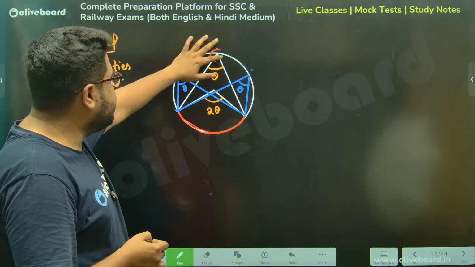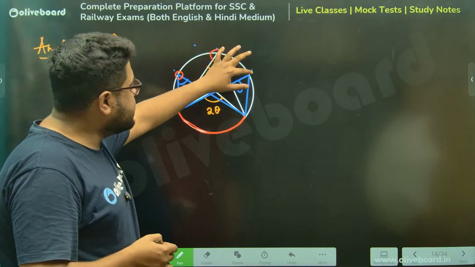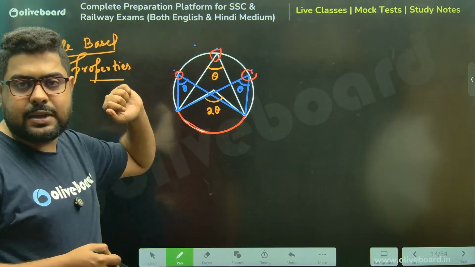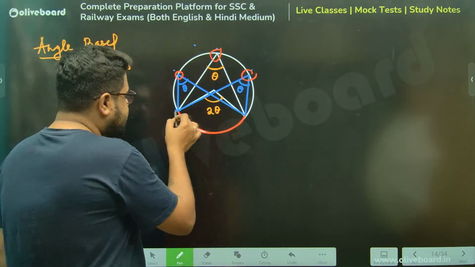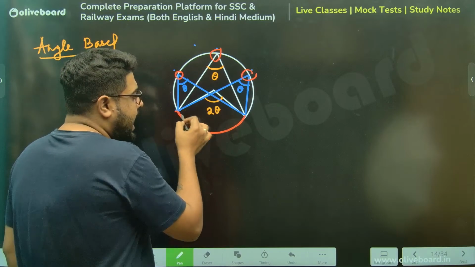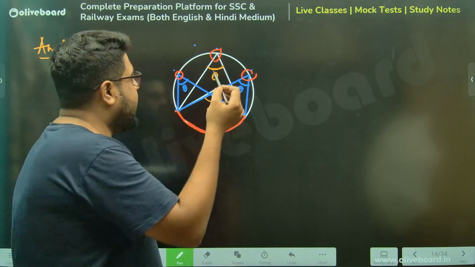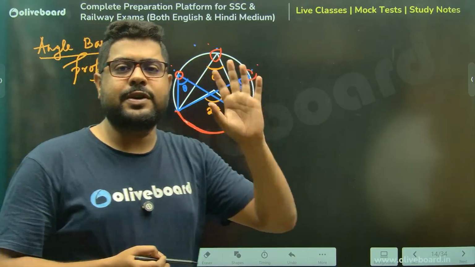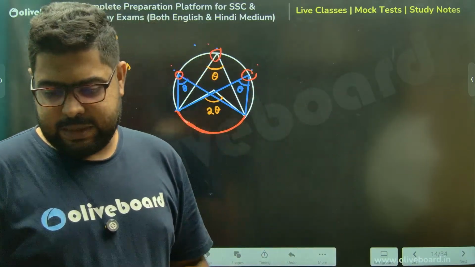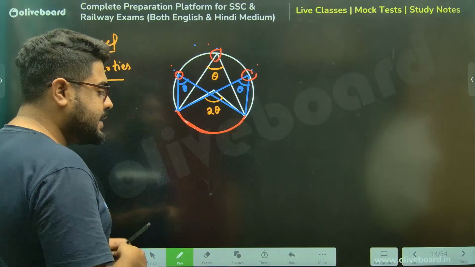This is another angle made on the circumference on this arc. This is another angle made on the circumference on this arc. All three angles are always equal. As long as your arc is the same, any angle you make on the circumference will always be equal to each other. That is your second property.